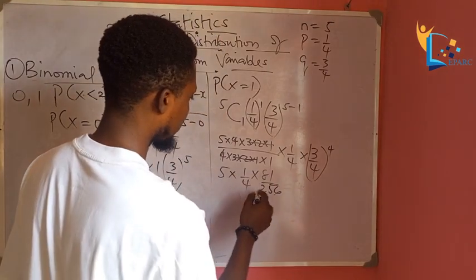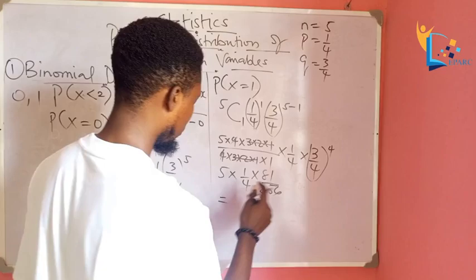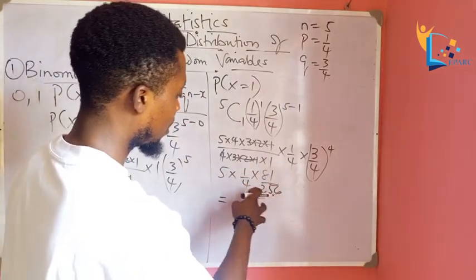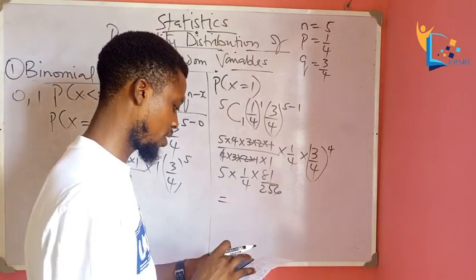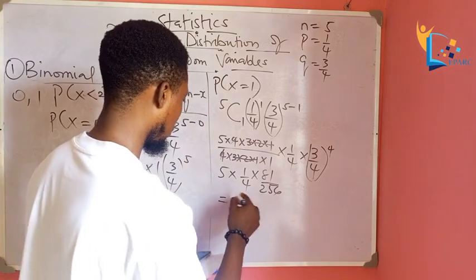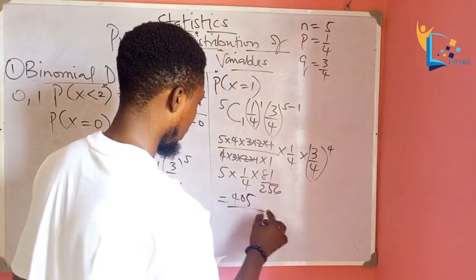So 5 times this, let me just do the division. 5 times 1 times 81 divided by 4 times 256, okay? So let's have 5 times 81, which will give us 405, okay?